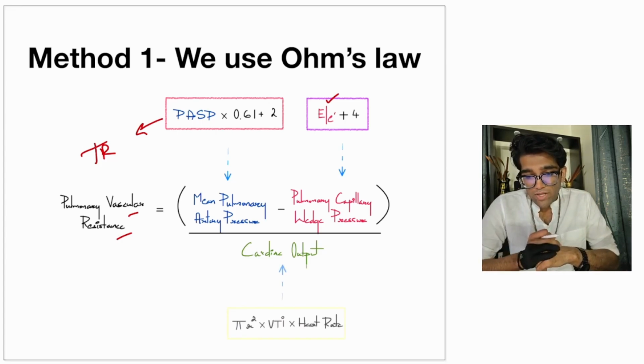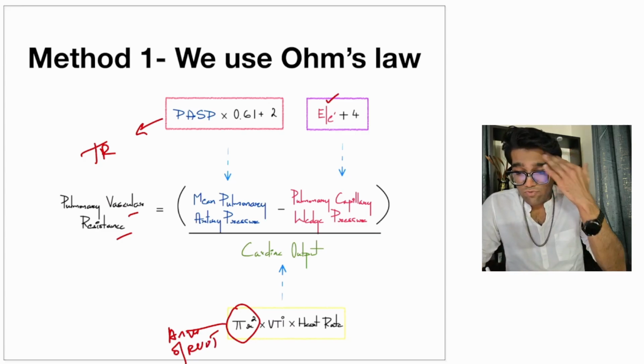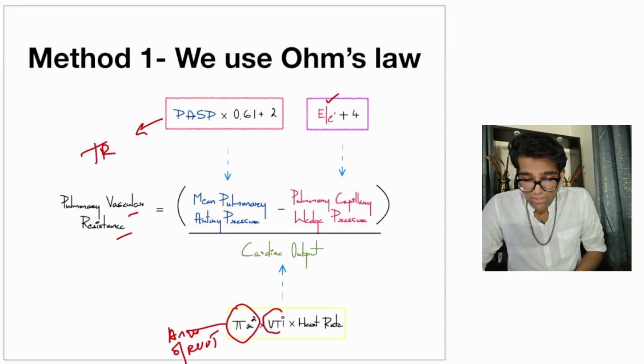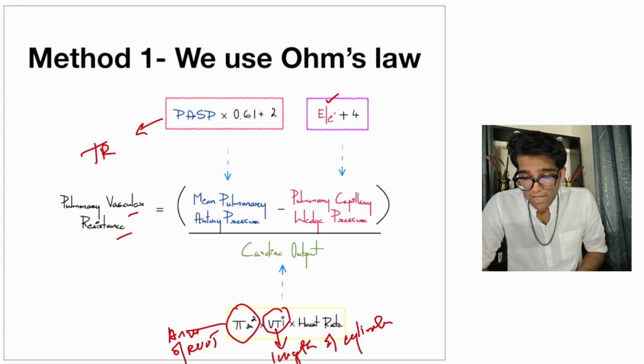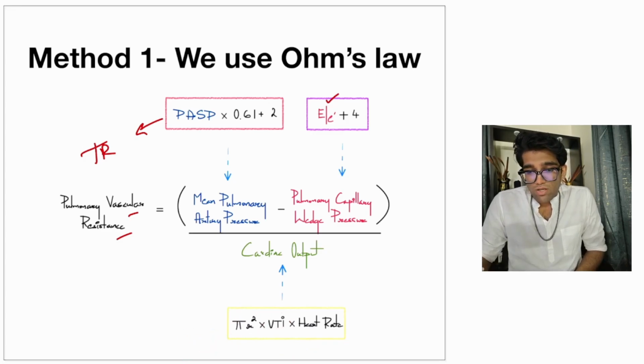And the cardiac output, as I've just discussed, is equal to the area of the RV outflow tract, so this is the radius of the RV outflow tract, then the velocity time integral, which is basically the length of the cylinder that we are ejecting into the pulmonary artery, and finally we have our heart rate, which will give you the cardiac output. So this is your hydraulic analogy for Ohm's law.